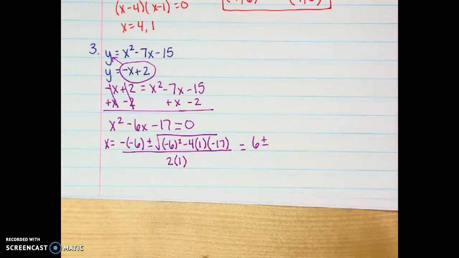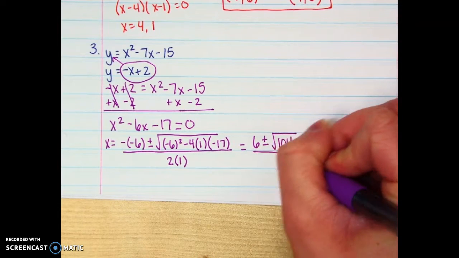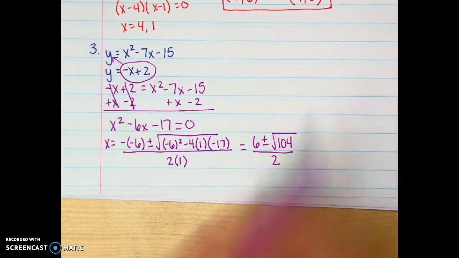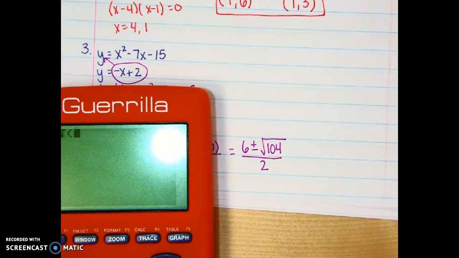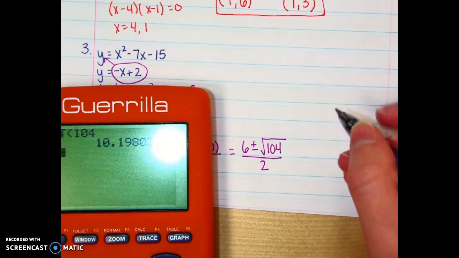That's 104 over 2. I take the square root of 104, and I got 10.198, which rounds to 10.2.